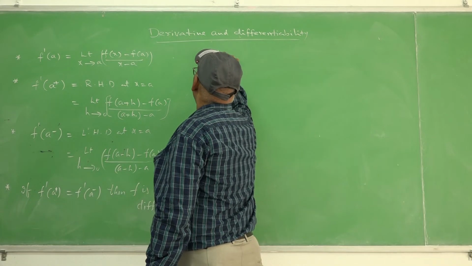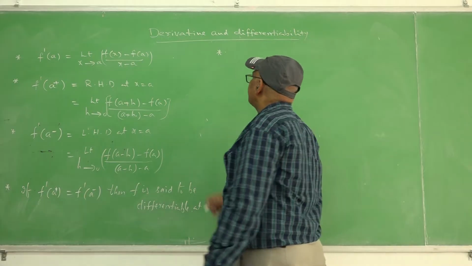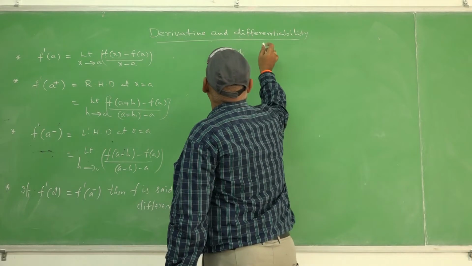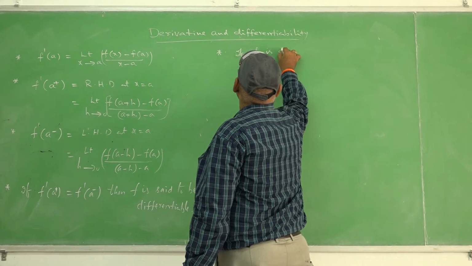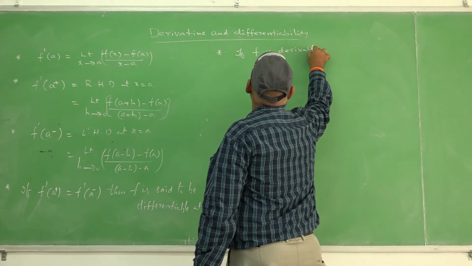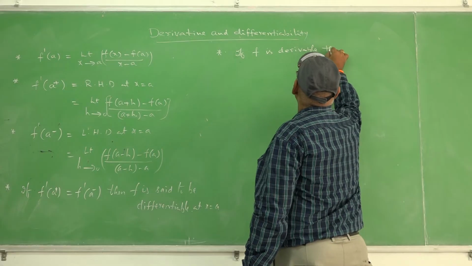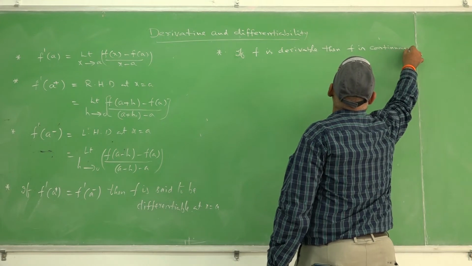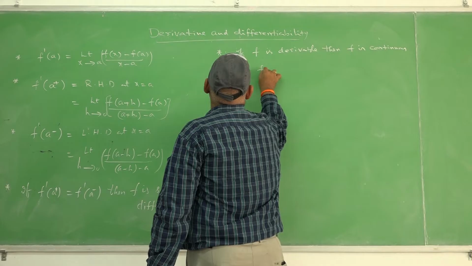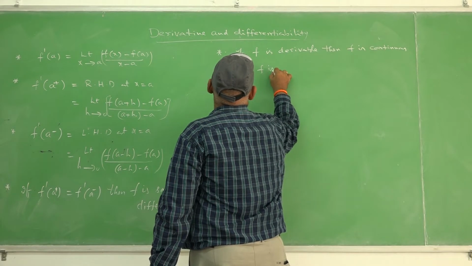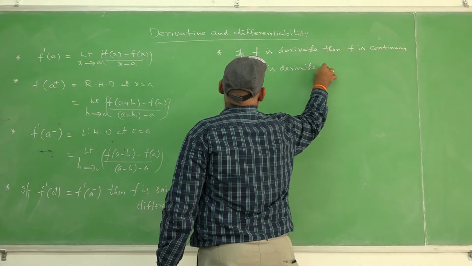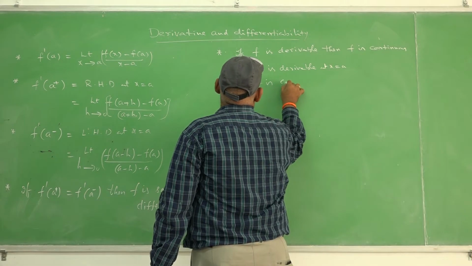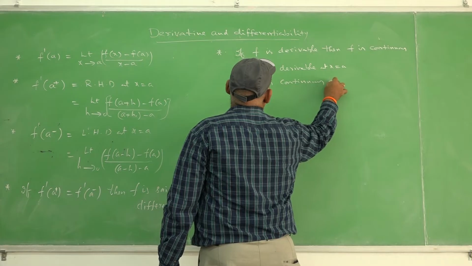Next point, if f is derivable at a, then f is continuous at x equal to a.